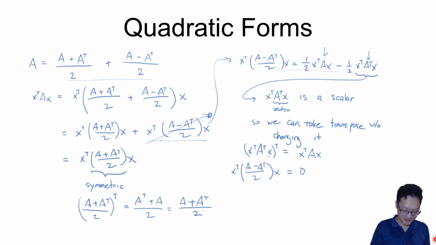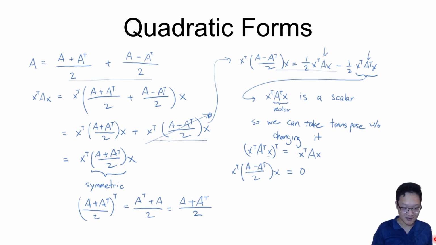Okay, so what is the final conclusion here, right? The final conclusion is really that whenever we have a quadratic form involving A, where A may be non-symmetric, this quadratic form is actually exactly equal to another quadratic form where the matrix is symmetric, right? Which we have just shown here.